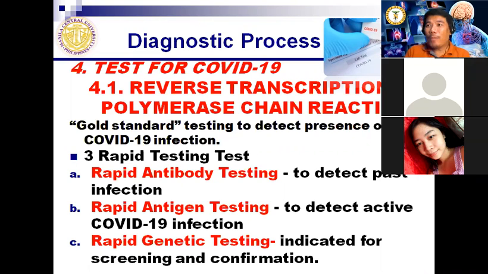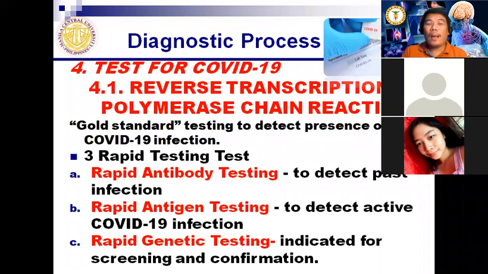However, we have the rapid testing. Okay? The three rapid tests may not be the gold standard, but they could help. Rapid antibody testing could not be a gold standard because it may give false positive and false negative results. Why?